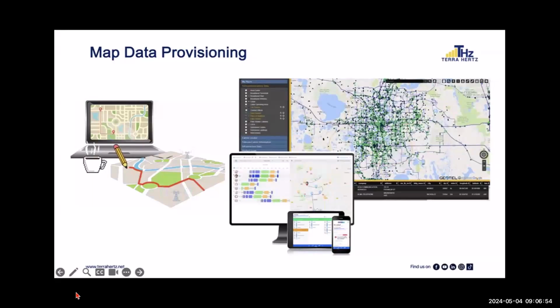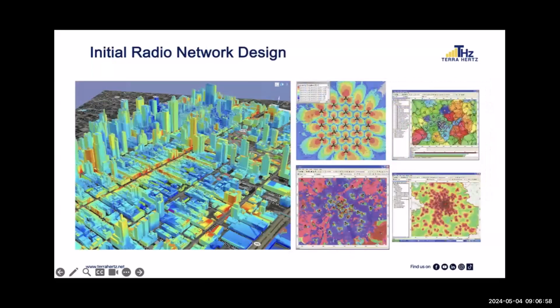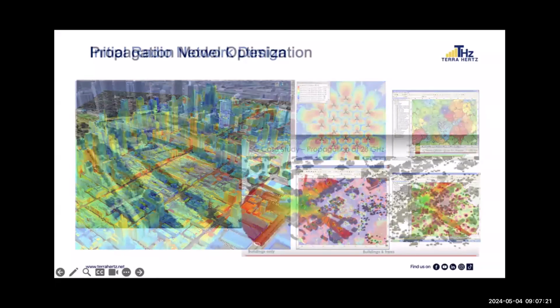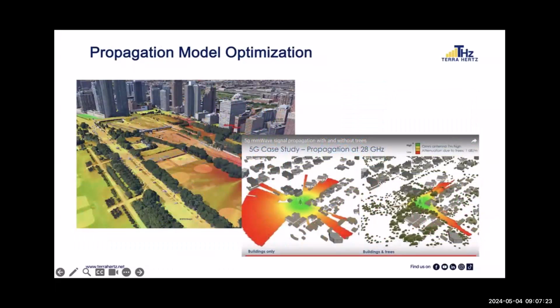After that, you have the initial radio network design, where you simulate what the coverage will look like, so you understand how your initial design will satisfy the customer or business requirement. This is where the radio network design is happening. Then you have the propagation model, which has a counterpart in Open RAN, the digital twin.